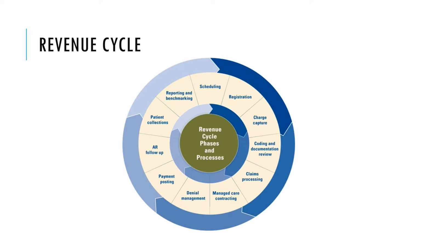So the process really starts with scheduling. When a patient comes in, or before they even show up to the facility, let's use me as an example. When I made an appointment with my OB before I had a baby, before they would even let me schedule, they wanted to know what my insurance was, and they took my insurance information, and they called my insurance and found out what they could be reimbursed for and what the rates were.